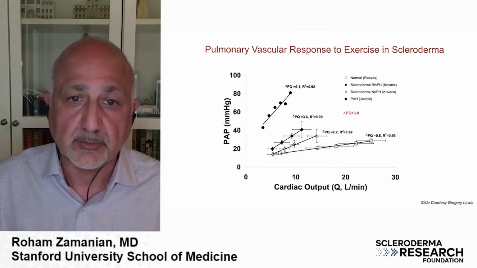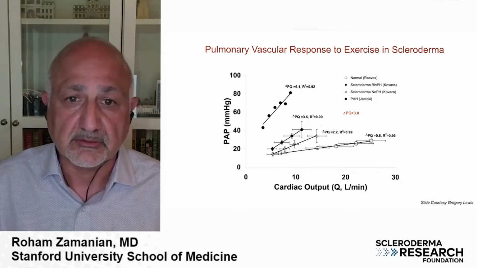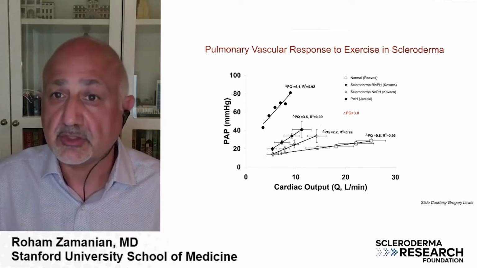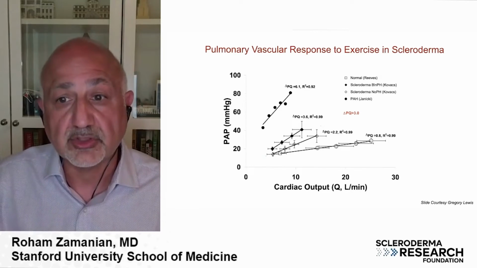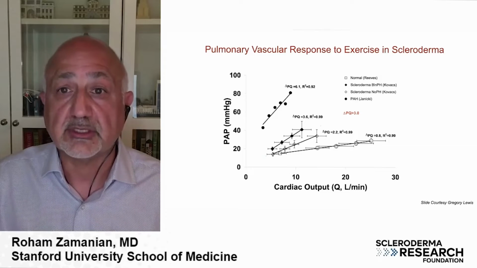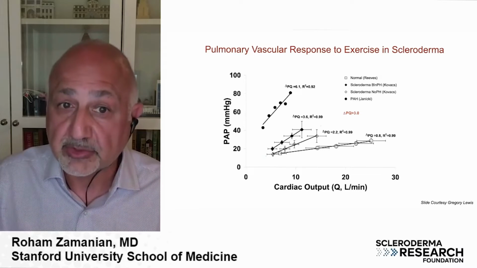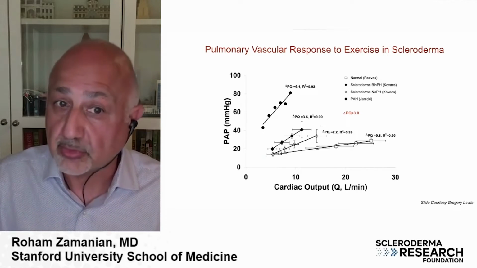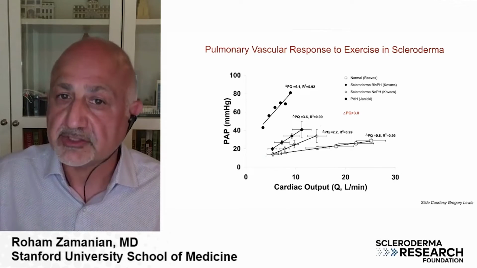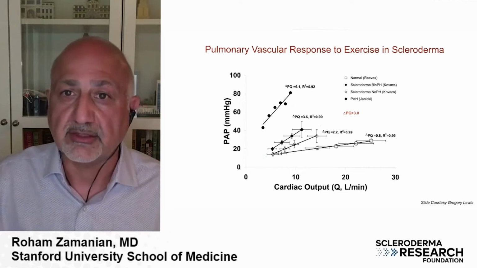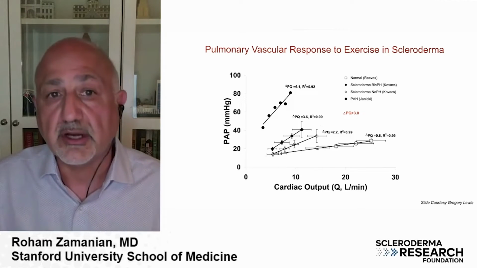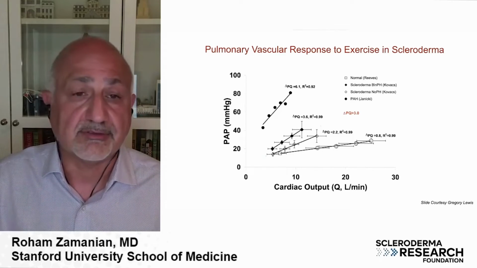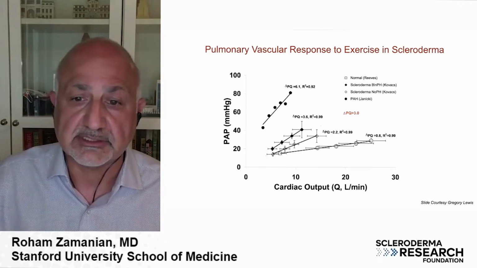The open squares, sort of diamonds, are scleroderma patients. So you see the slope of the line is a little bit more acute than normals. Those scleroderma patients that have pulmonary hypertension or even borderline pulmonary hypertension have a slope that's more than 3, and those patients with significant pulmonary arterial hypertension have a very steep slope.